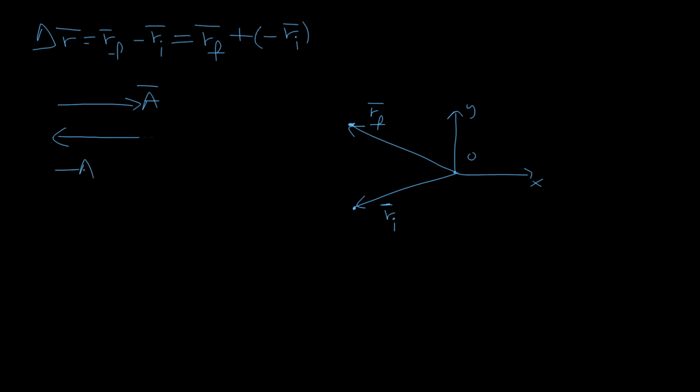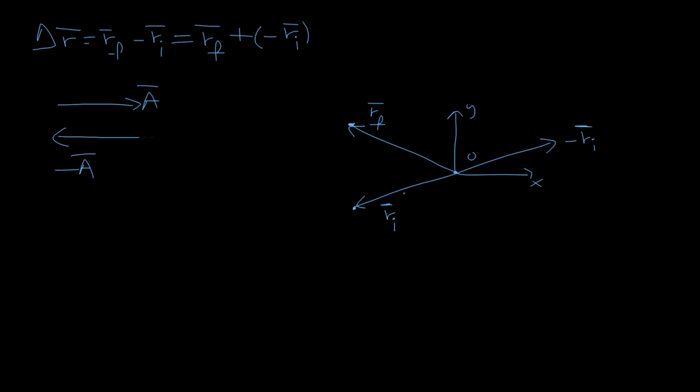So if that is A, then this is the vector minus A. So minus R initial is going to be a vector that I'm going to draw with the tail at the origin. It should have roughly the same length as R initial, and it should have the opposite direction. So it is minus R initial. Now in this picture I'm drawing the length of this to be roughly the same as that. Actually, when you do the calculations, these should be exactly the same magnitude as R initial.